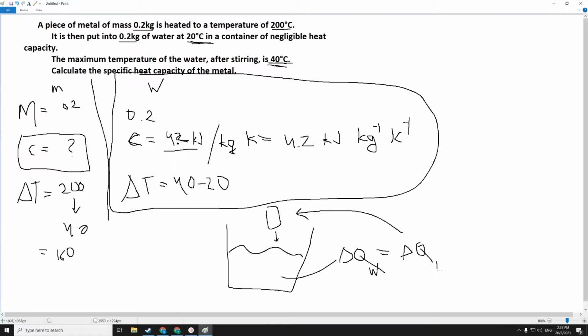Where else is this water going to get its energy if not from the block? The block is the reason its temperature is going from 20 to 40. So if we can find the amount of energy the water gained, we can set that equal to the energy that the mass of metal lost.